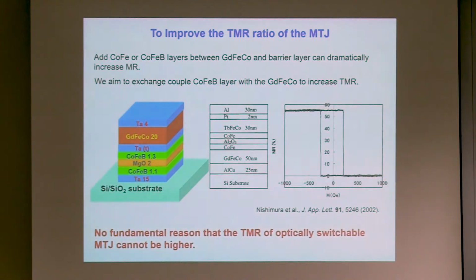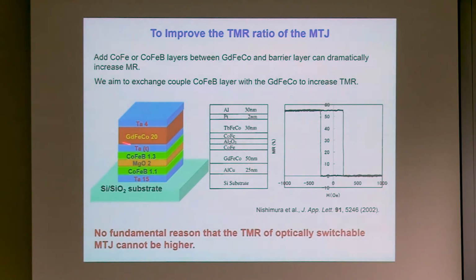Okay, so how to address the problem of our device with very low TMR? This 1% TMR is not really useful. So one idea is really to introduce the right material for the magnetic tunnel junction. For example, cobalt iron or cobalt iron boron layers, which are used for making high TMR magnetic tunnel junctions.